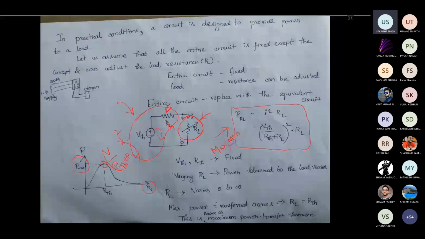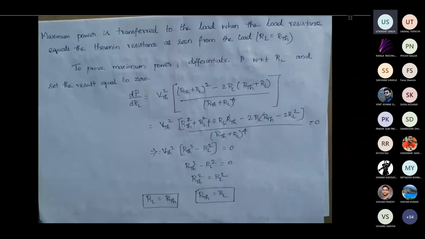What we are going to do is find the maximum power that can be transferred to the load. When we can obtain the maximum power transfer, that we are going to see from an analytical point of view. P_RL is equal to I square into RL.